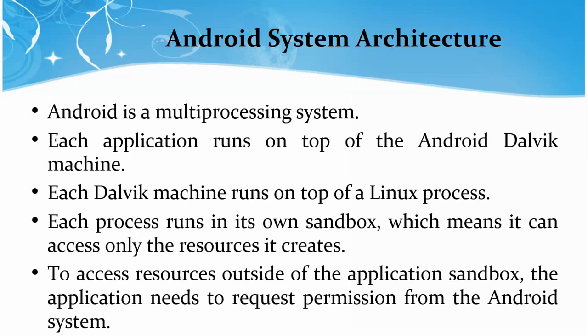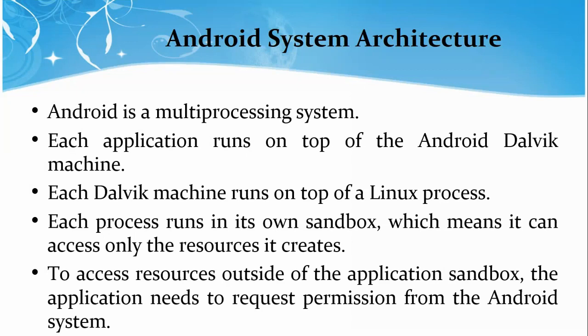For example, if WhatsApp wants to access your contacts, WhatsApp is in a different sandbox, or let's not use sandbox, let's say it has its own house. Contacts is also an app in your phone, which is also like a house. So two different houses or apartments are there.